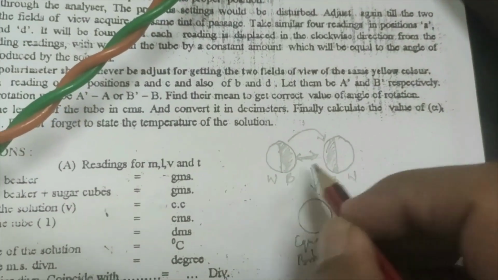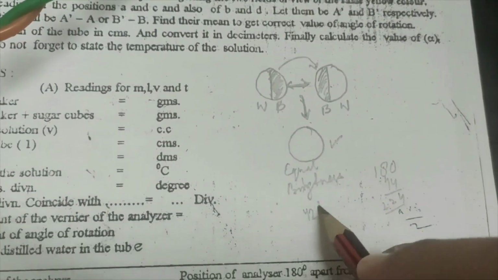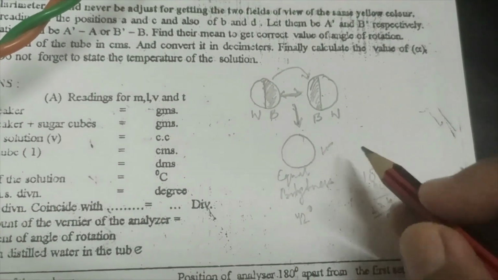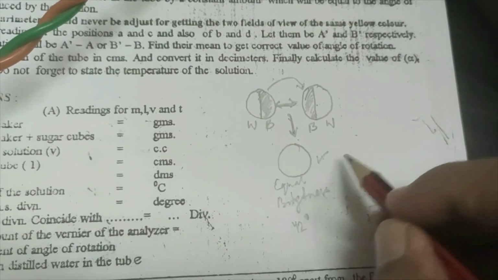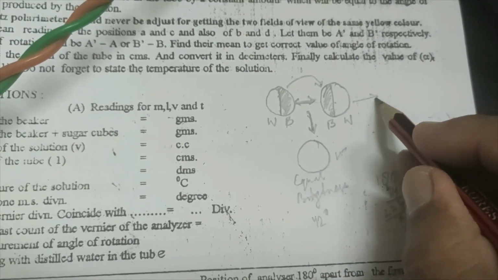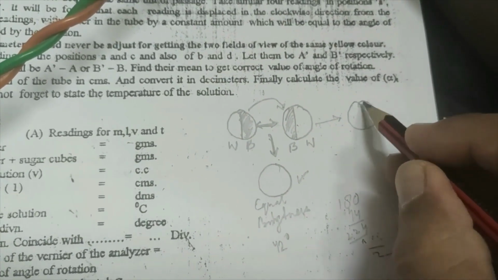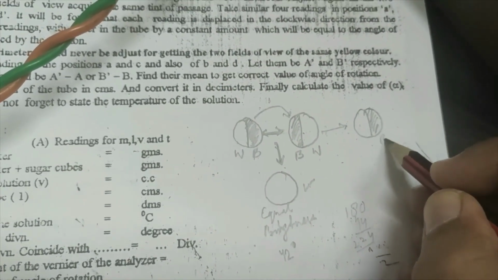While moving from this position to this position, the tint position was at about 42 degrees on the main scale. Then moving in the same clockwise direction, this will change to this, and then go again to the first position, from black to white.